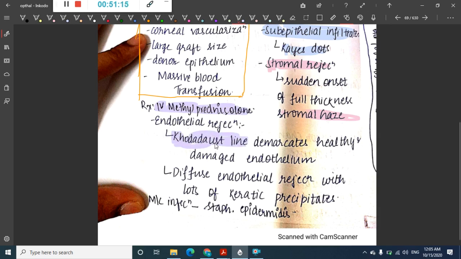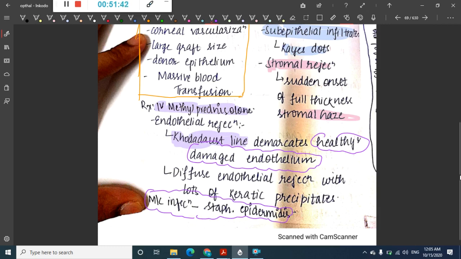This Khodadoust line will demarcate the healthy and damaged endothelium. Then we have diffuse endothelial rejection with lots of keratic precipitates also seen. The most common infection after graft rejection is Staphylococcus epidermidis.